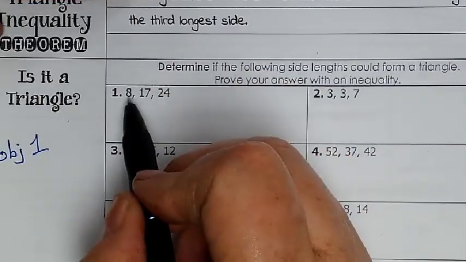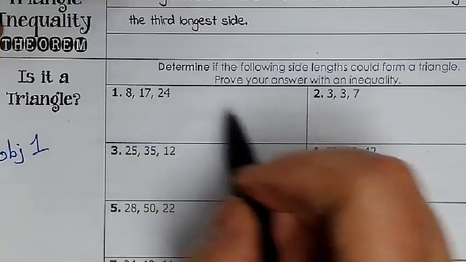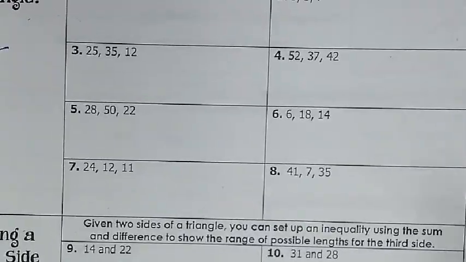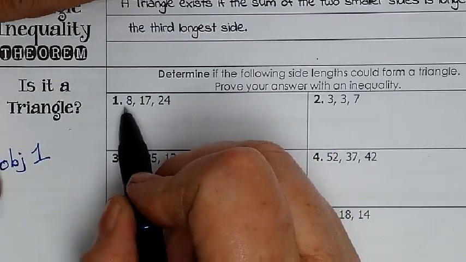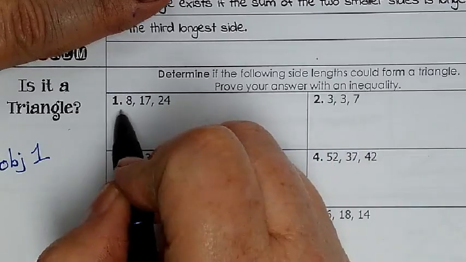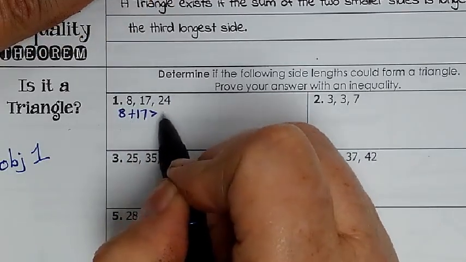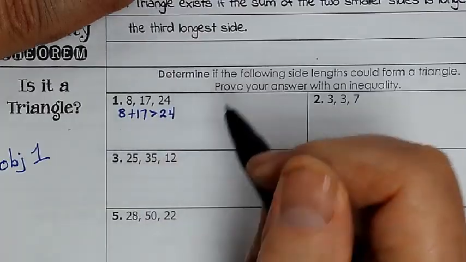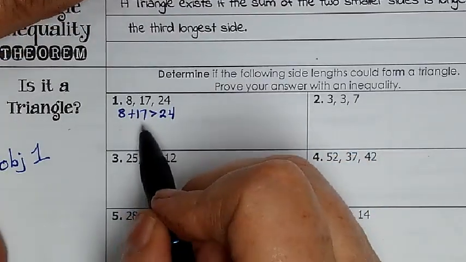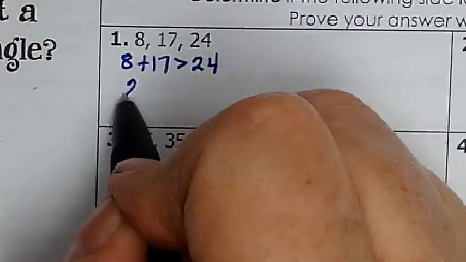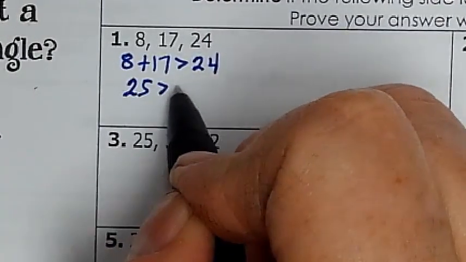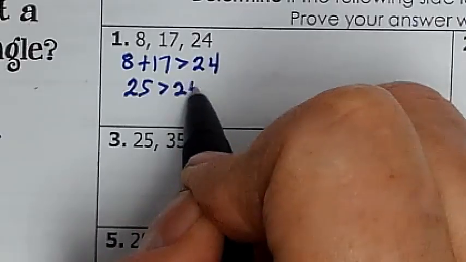Add the 2 short sides. 8 plus 17 has to be greater than 24. 8 plus 17 is 25. Is 25 greater than 24? True, so this is a yes. It could form a triangle.